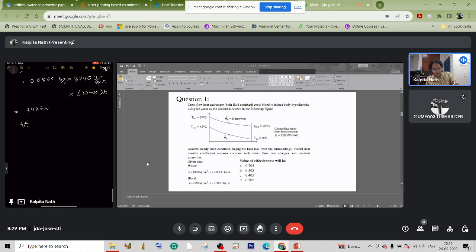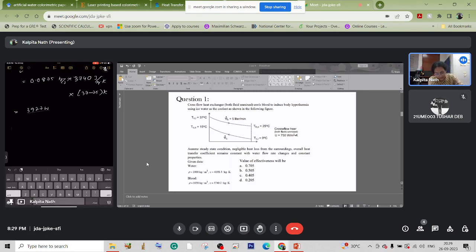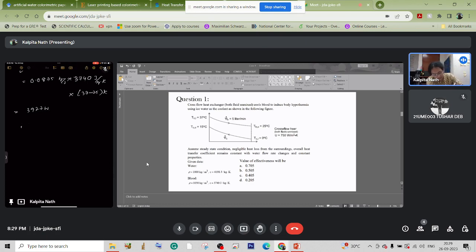So now we need to find out the mass flow rate. Volumetric flow rate we don't need. Sir taught you in the class, right? Over there we needed to calculate the volumetric flow rate. Here, as we just need the mass flow rate, we'll calculate that. So we need to calculate the mass flow rate of the cold fluid. For that, Q is also equal to mc dot Cpc into Tc outlet minus Tc inlet.